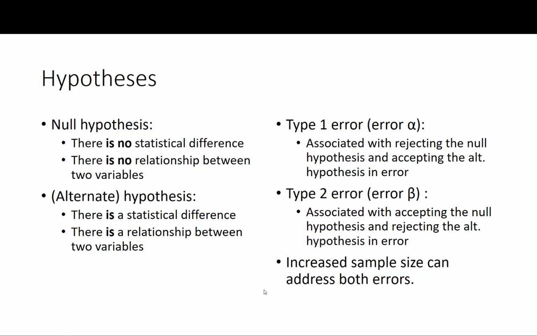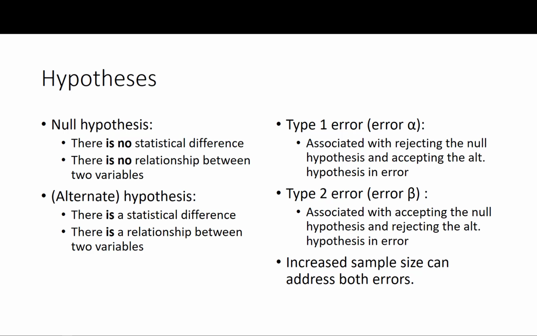Next week and the week after, we'll be looking at the second type of hypotheses that relate to relationships. This week we're looking at the null hypothesis, which states that there is no statistical difference between variables, and the alternate hypothesis, which is that there is a statistical difference between variables.